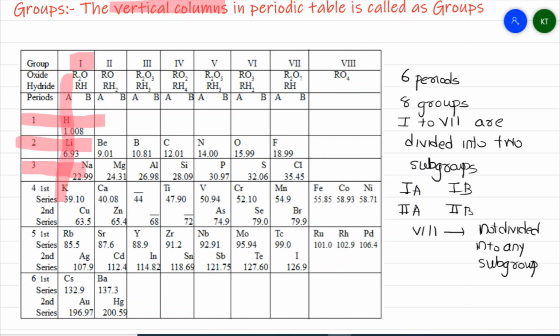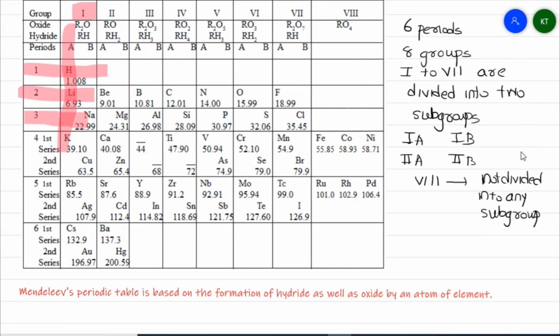Now if you look carefully at this periodic table, it is based on some of the properties. Normally this periodic table is based on the formation of hydrides as well as oxides formed by the elements.